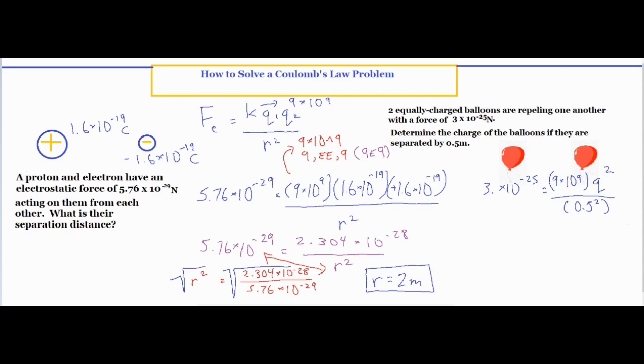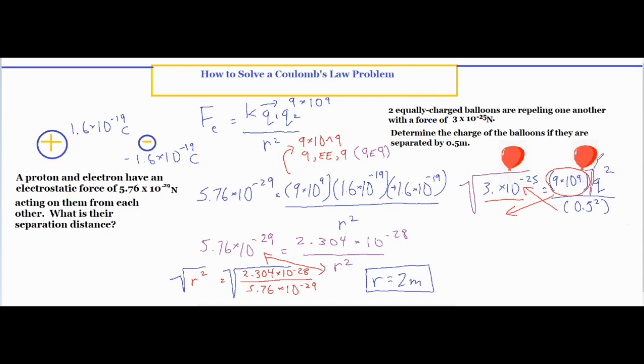To keep it short, you'd basically multiply both sides by 0.5 squared. And again, I'll look at it in terms of cross multiplication, which would be multiplying the force of 3 times 10 to the negative 25th times 0.5 squared, and then dividing it by this number, 9 times 10 to the ninth. So dividing both sides by that number, and then eventually ending up by square rooting that value.